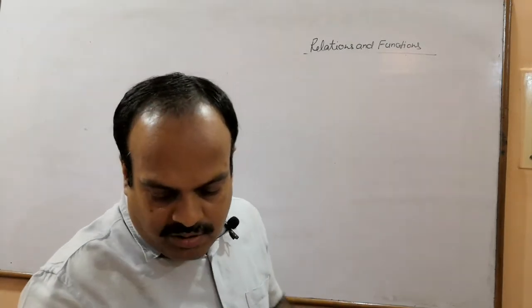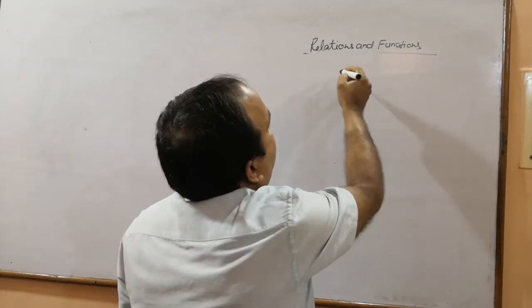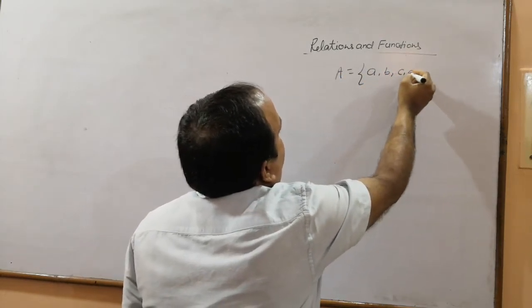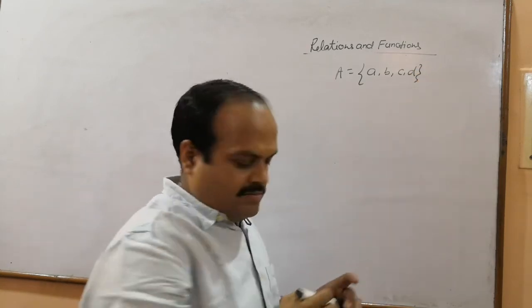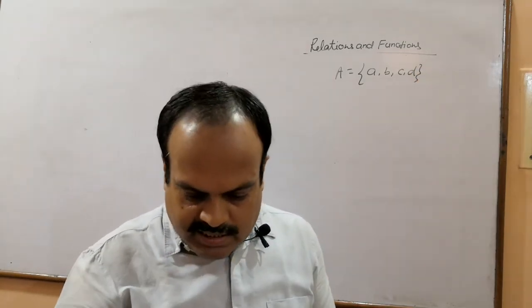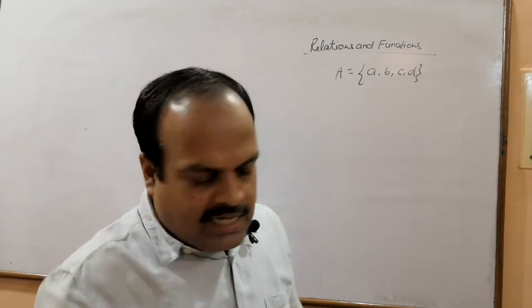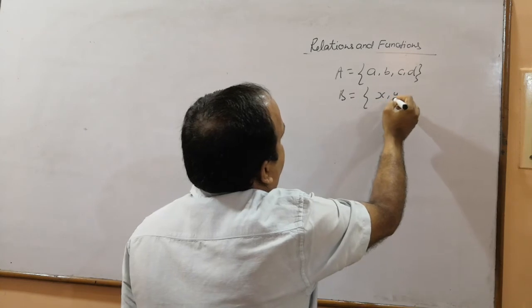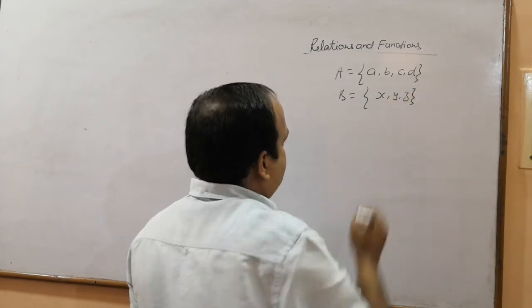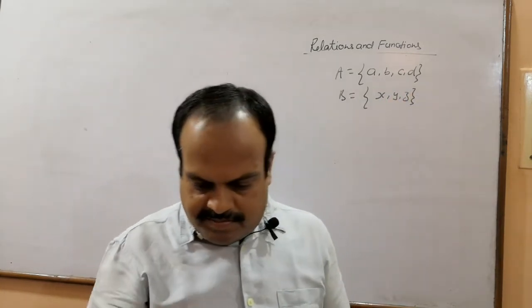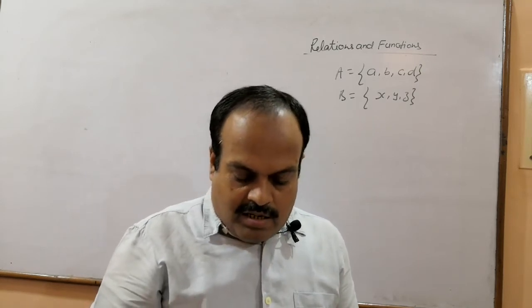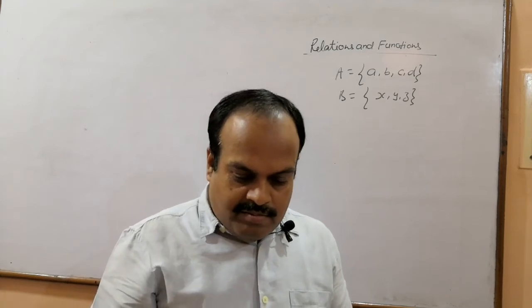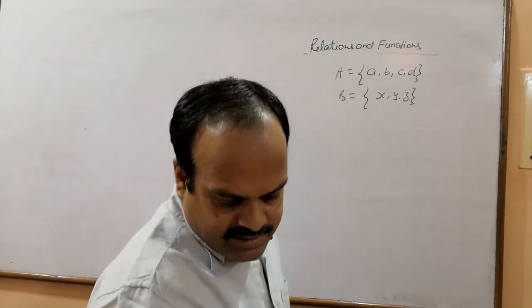Set A has 4 elements A, B, C, D. B has 3 elements X, Y, Z. The question is, which of the following are relations from B to A?